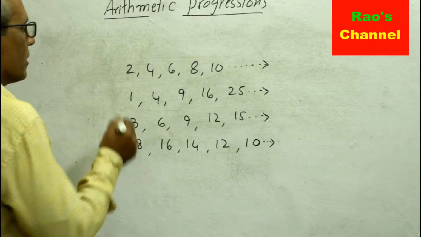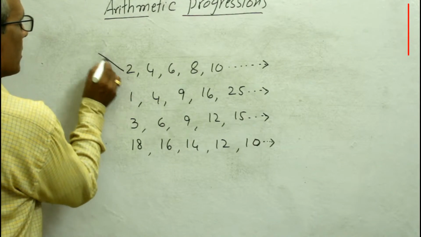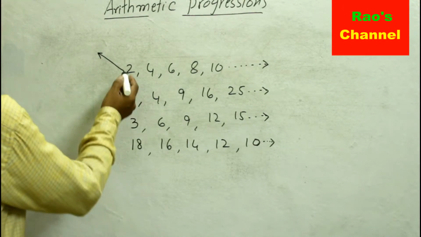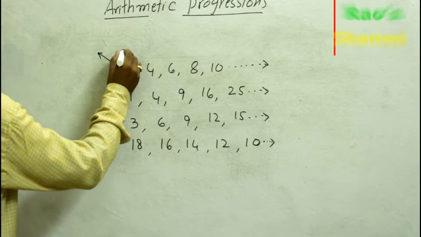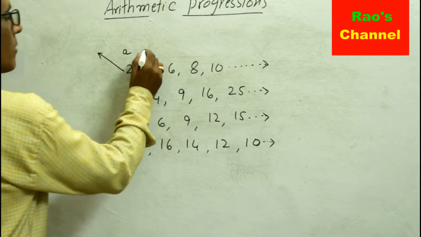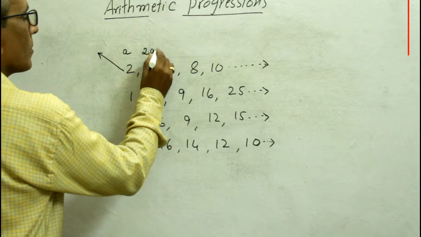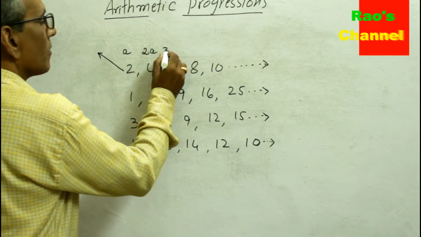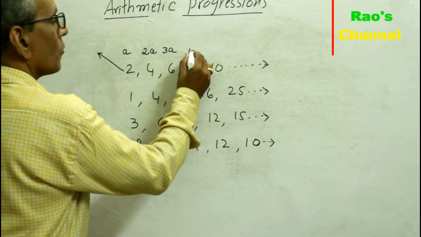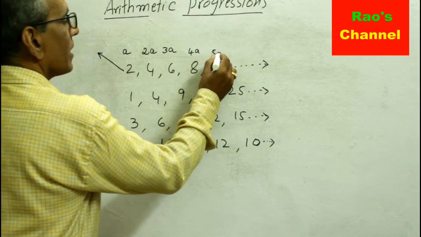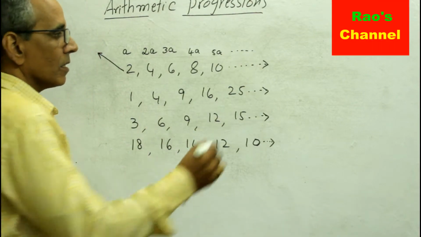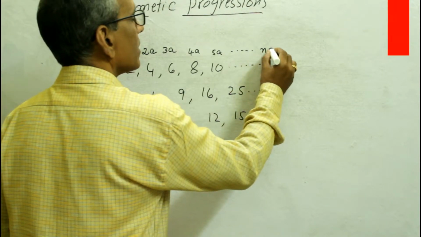Let's take the first sequence of numbers, that is 2, 4, 6, 8, 10. If I take the first term as A, it is 2 times A. That is 2 into 2 value. This is 3 times A. This is 4 times A, 5 times A. If I continue writing the series, what is the nth member in the series?